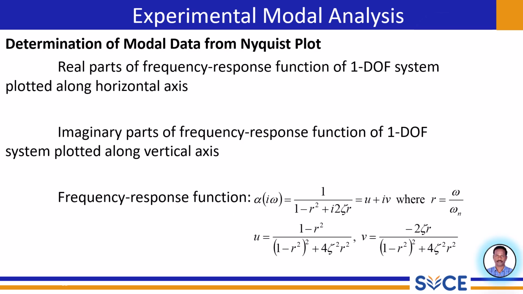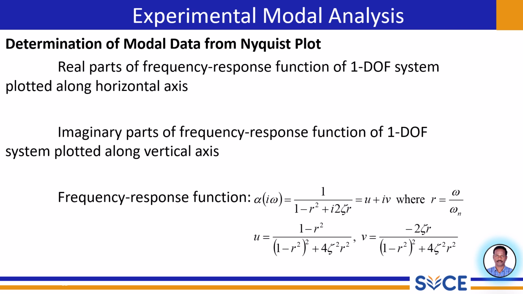Let's explore how to determine the modal data from a Nyquist plot. For a single degree of freedom system, the Nyquist plot is created by plotting the real part of the frequency response function along the horizontal axis and the imaginary part along the vertical axis as the frequency varies.